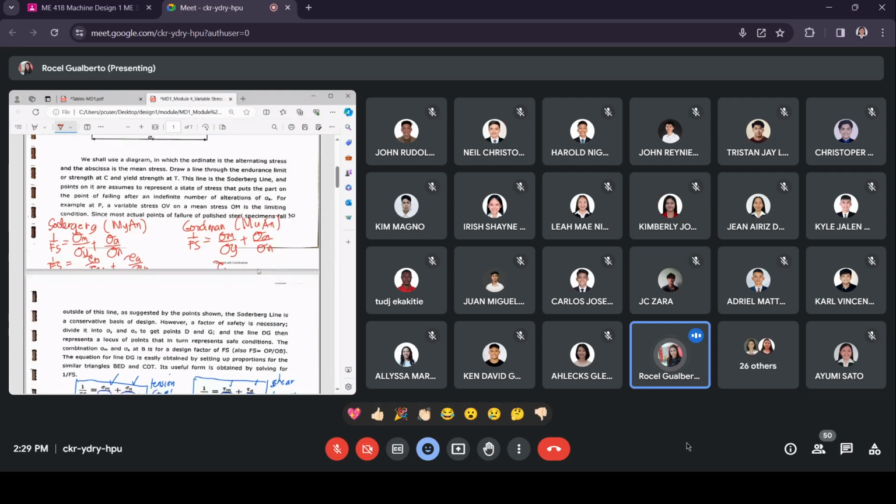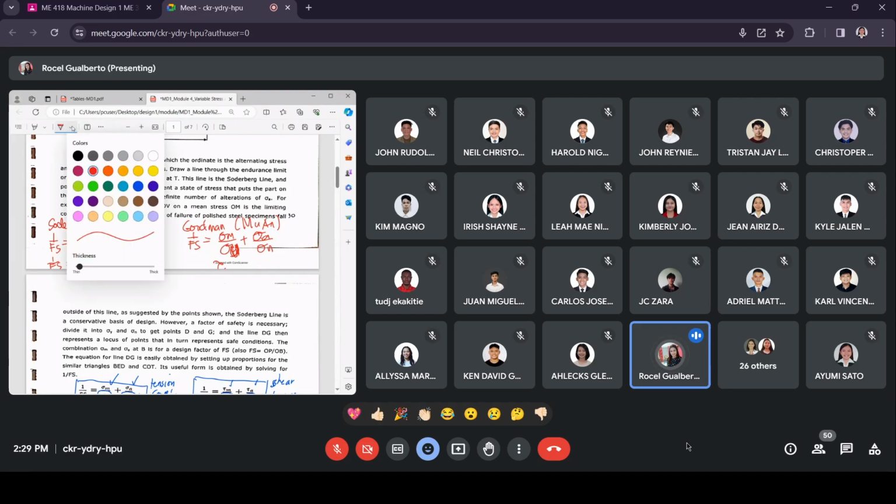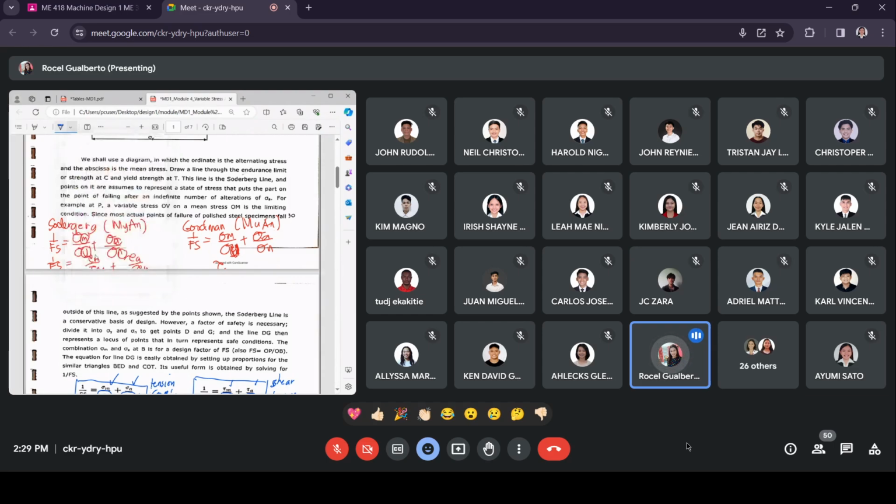Paki-include na lang po. Which is Mayan: M, Y, A, N. Okay, for the Soderberg, this is Mayan. For the Goodman, this is sigma u: M, U, A, N. So, yan po yung ginagamit natin na indicator for us to easily recall the equation.